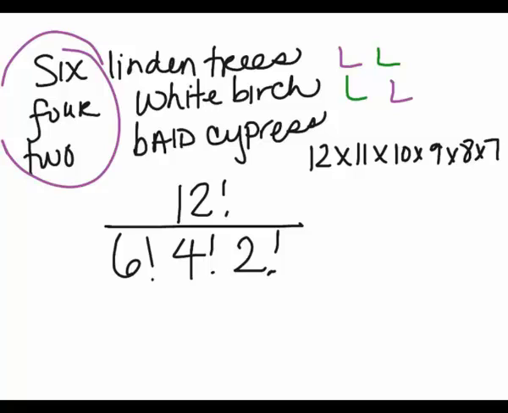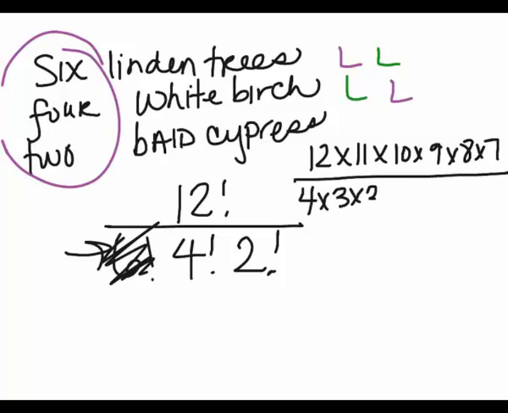I'm canceling the 6 out, and I'm canceling this 6 factorial out, because on top I still have 6, 5, 4, 3, 2, 1. Right here I have 6, 5, 4, 3, 2, 1, so all of those are going to cancel. So on bottom now, I have 4 times 3 times 2 times 1. I'm not even going to put the times 1. And then here I have 2 times 1. Okay, and then you can start reducing if you need to.